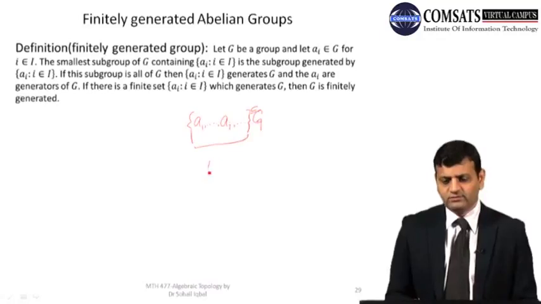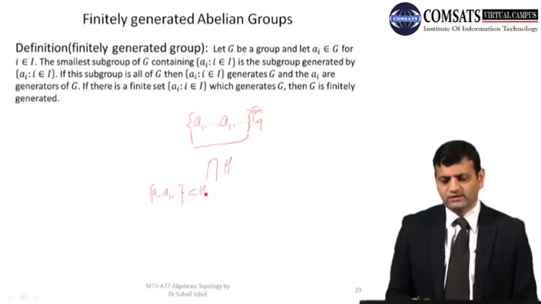So in other words, I am just talking about taking the intersection of H such that this H contains this set ai, a1 up to ai up to so on.